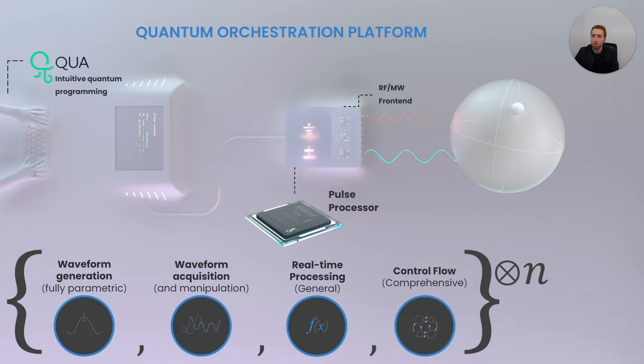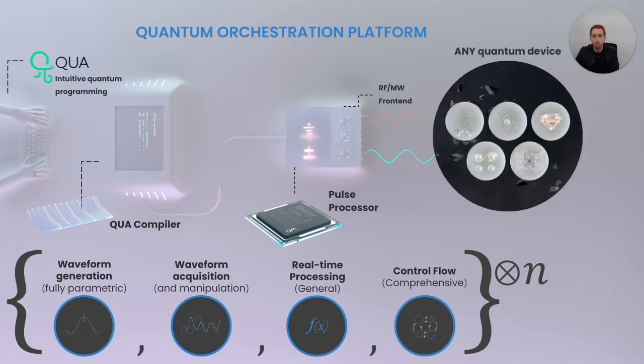And it is exposed to the user via an intuitive quantum programming language, an open source language, by the way, called QUA, that we have created, that abstracts away all of the compilation and the hardware, thus letting us serve almost 100 users globally, ranging over all types of qubits, from superconducting and trapped ions to cold atoms, NV centers, what have you, we have it.